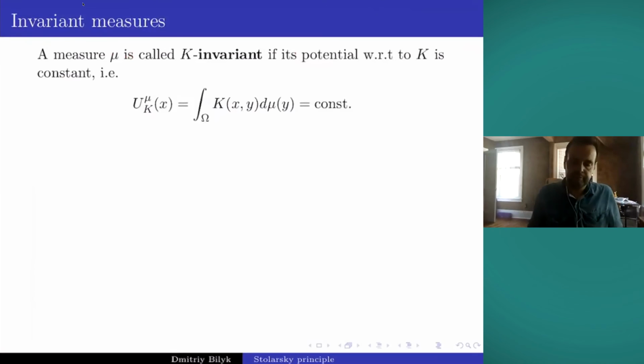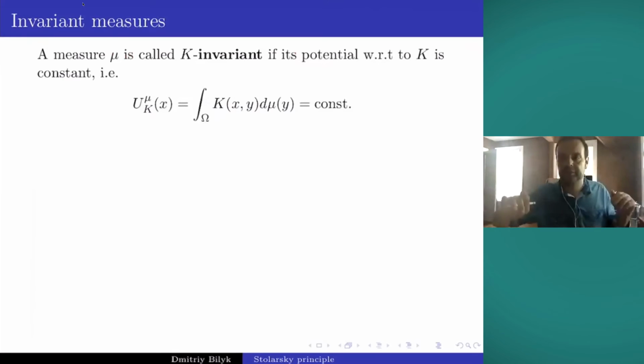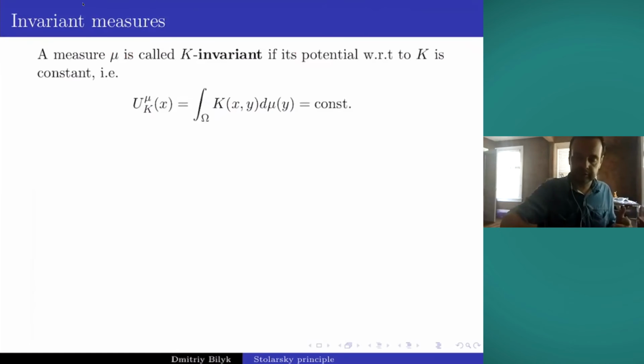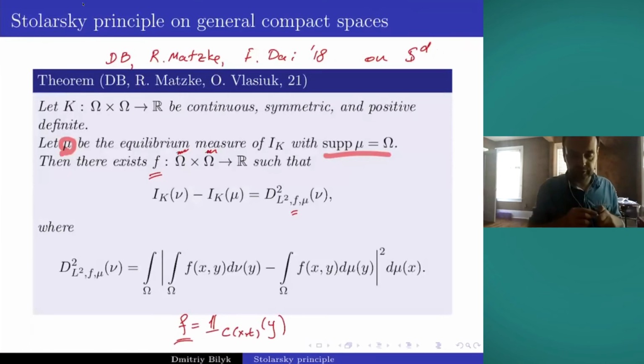We say that a measure is K-invariant if its potential, that is, if we integrate K once with respect to that measure, is constant. That's all that you need. If you know that this property holds, then you can prove this general version of the Stolarsky invariance principle for this measure mu.